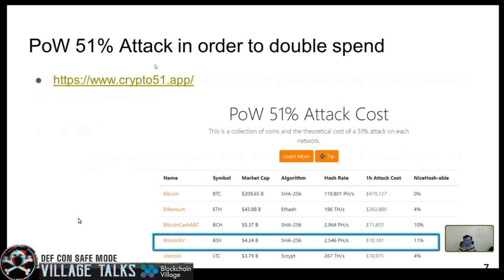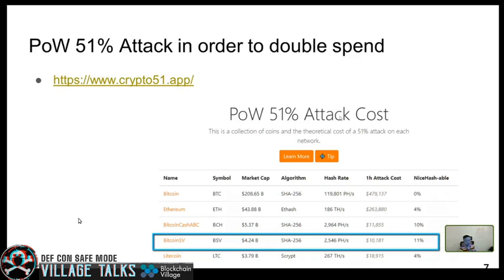We have a website called crypto51.app, which shows all the famous coins: the symbol, the market cap, the algorithm they use, the hash rate, which means the total hash power currently on the network, and the 1 hour attack cost if you want to attack using the 51% attack.